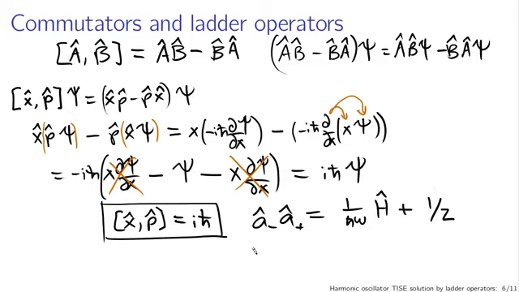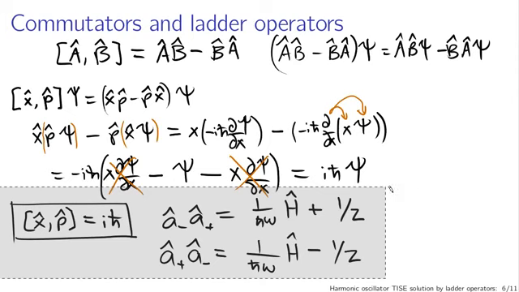And if you reverse the order and repeat the algebra, a hat plus a hat minus, you end up with the same sort of thing. It looks very similar. You get 1 over h bar omega times the Hamiltonian minus a half instead. What this means is we can express the Hamiltonian in terms of these ladder operators and these constants.